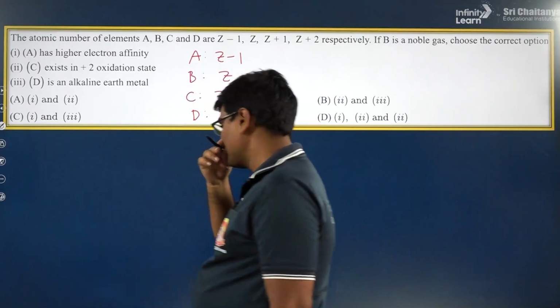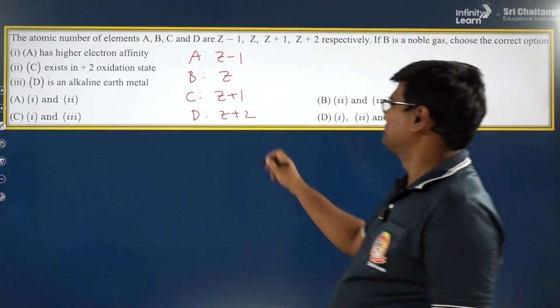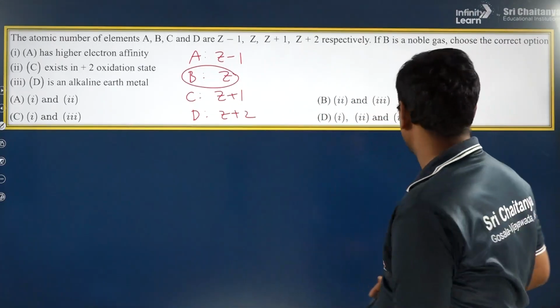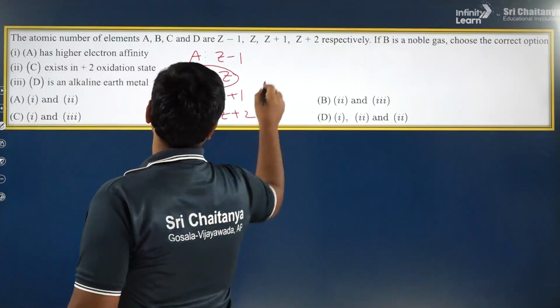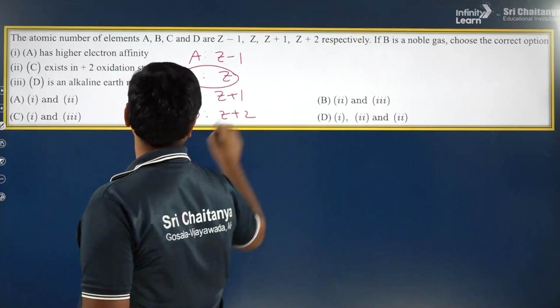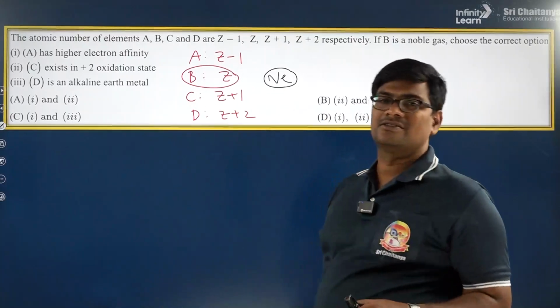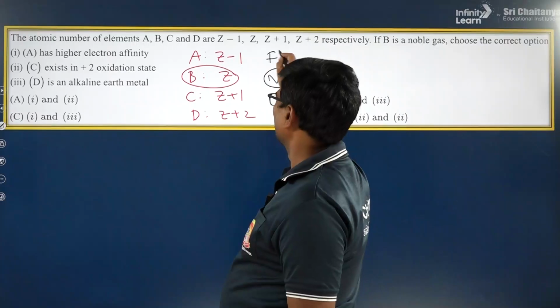If B is a noble gas, we can put an analogy. Let us take B as neon. It is a noble gas. Then what is Z minus 1? Before neon, what do we get? Fluorine. So A is fluorine.